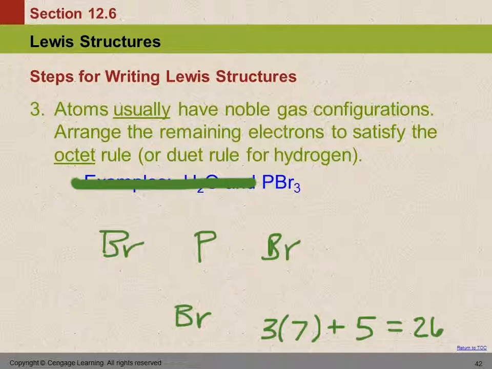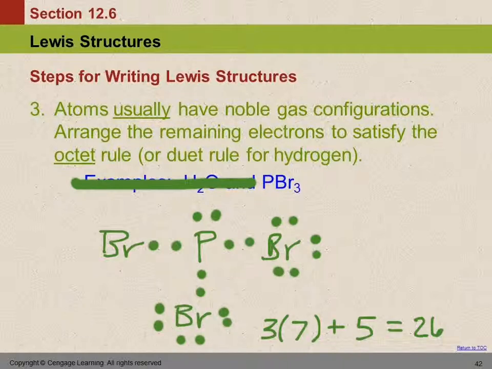26 electrons. So first, we'll make a bond between each pair of atoms. So there we've got 6, and then we'll start distributing the rest, and I like to just count while I do it. So I've got 6, 8, 10, 12, 14, 16, 18, 20, 22, 24, 26.